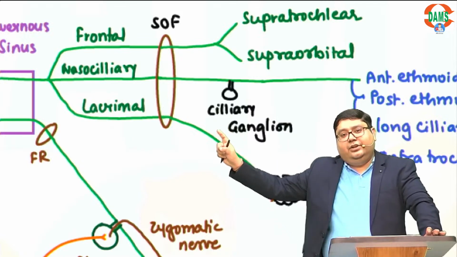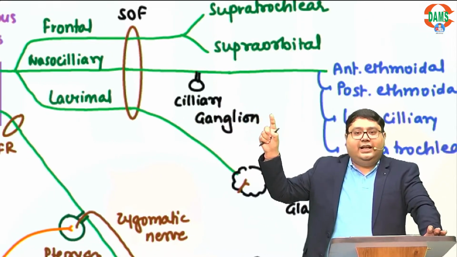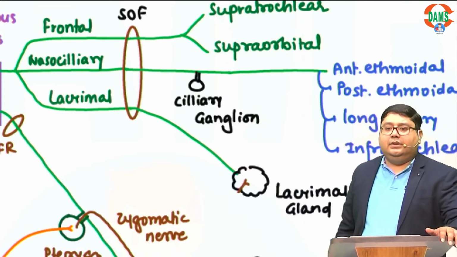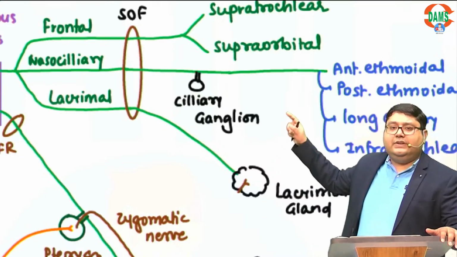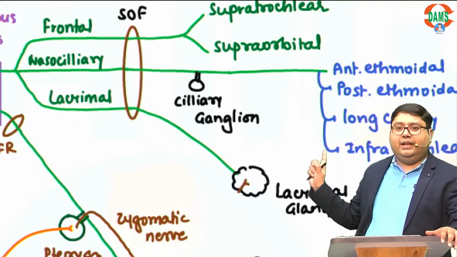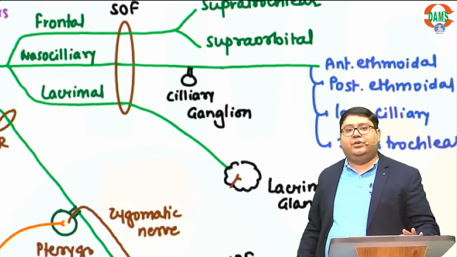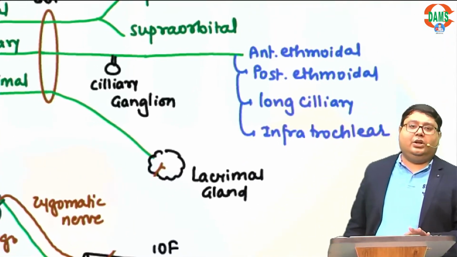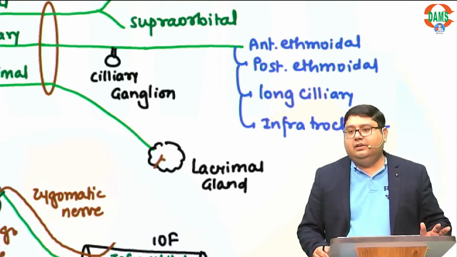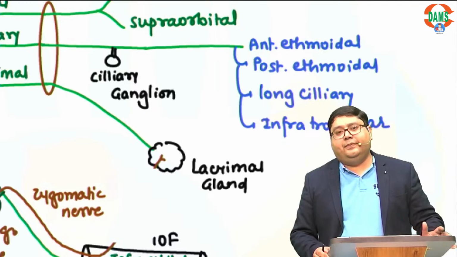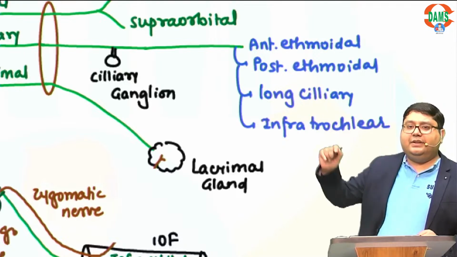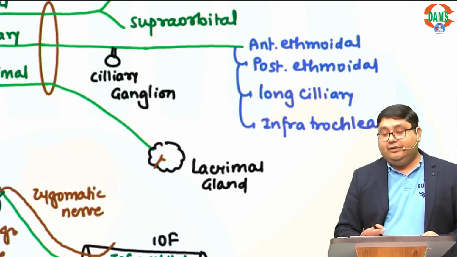So the ciliary ganglion is held by the nasociliary nerve, and after that this nasociliary nerve is going to supply these divisions: anterior ethmoidal, posterior ethmoidal, long ciliary, and the infratrochlear. Okay. So I will describe all these branches to you. I will show you in the diagram.